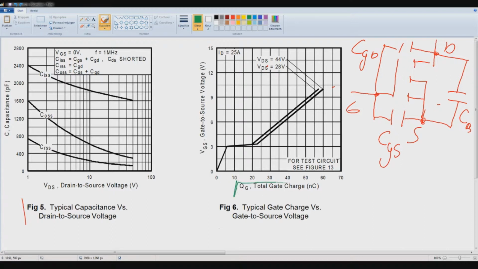What we can see here is the charge at the gate in nanocoulombs and the gate to source voltage, with the parameter of the drain current at 25 amps, and these different input variables as the drain to source voltage.